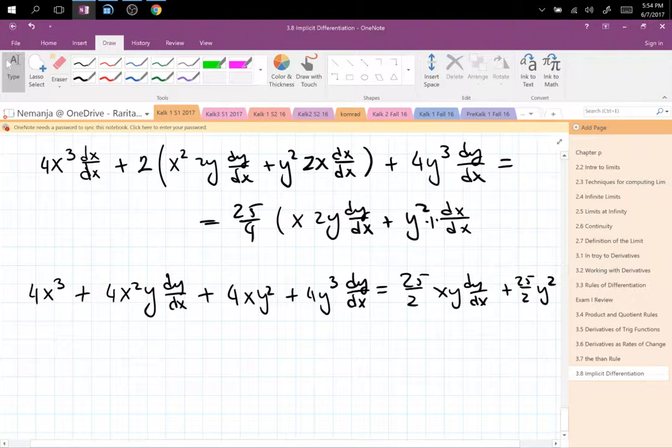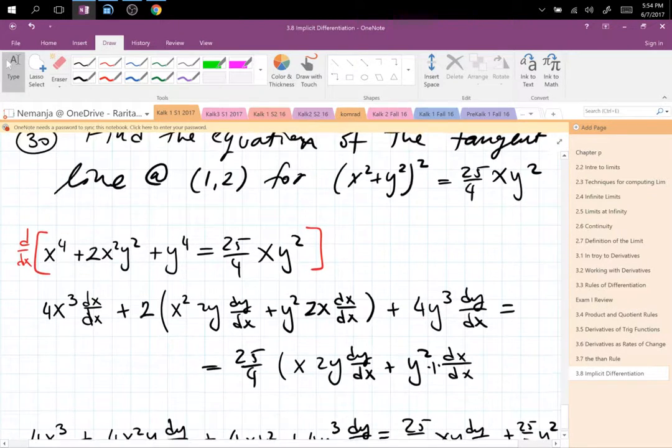You can do substitution right here and cut your work significantly. You can plug in your values 1 and 2 and replace every dy dx with m, because as soon as you replace x's and y's with numbers, you are replacing dy dx with m, because now you're computing the slope. So the point is 1, 2.